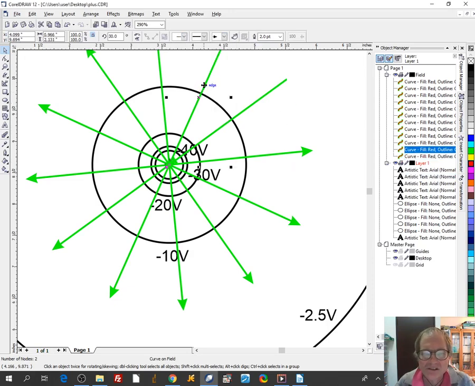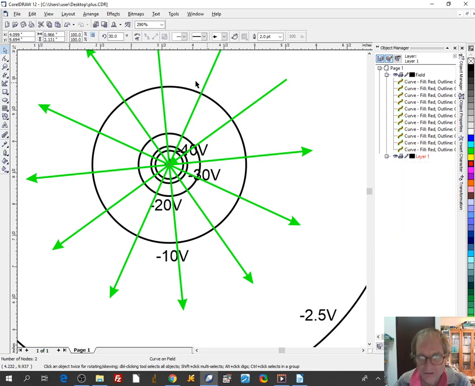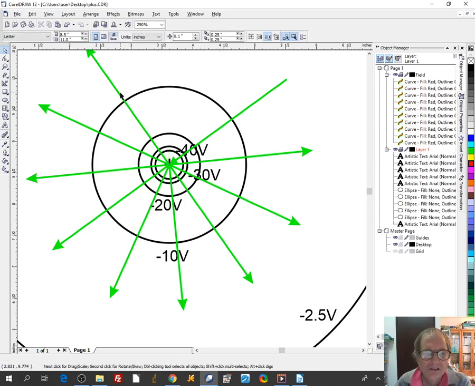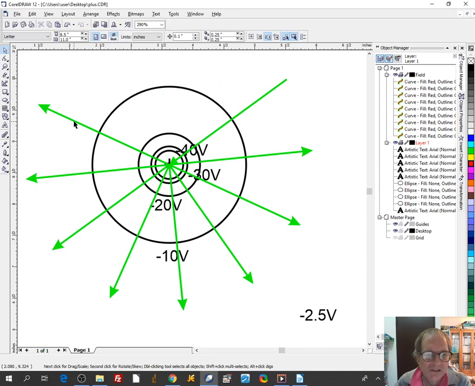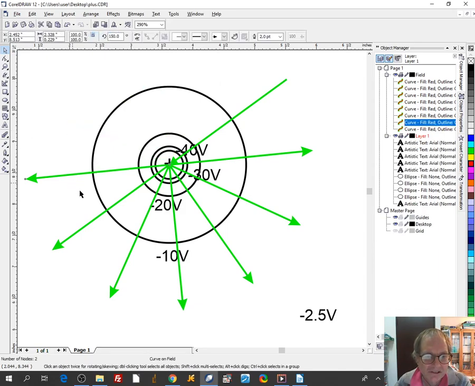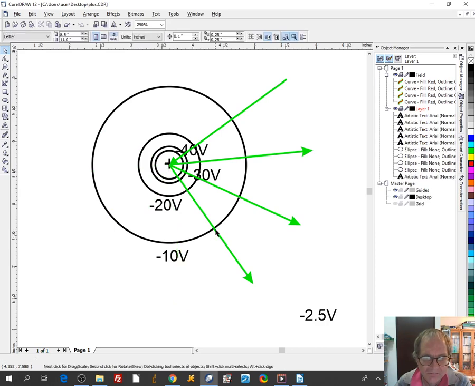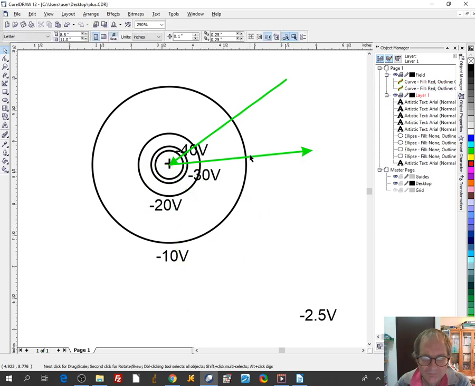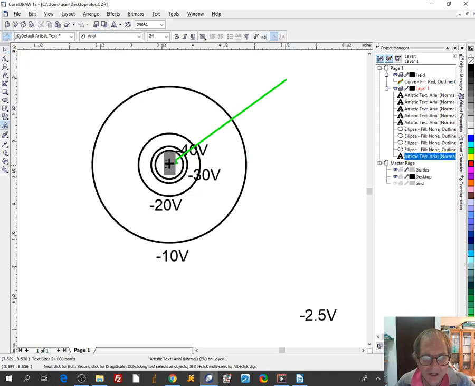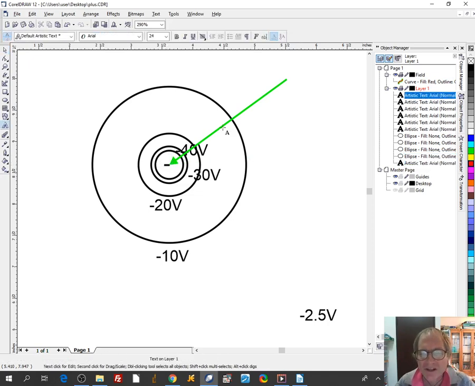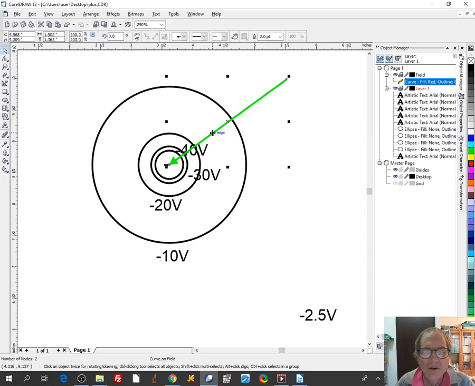Let's delete these, and I'm going to replace this with a minus sign because it's a negative charge. And now we can start to place them back again.